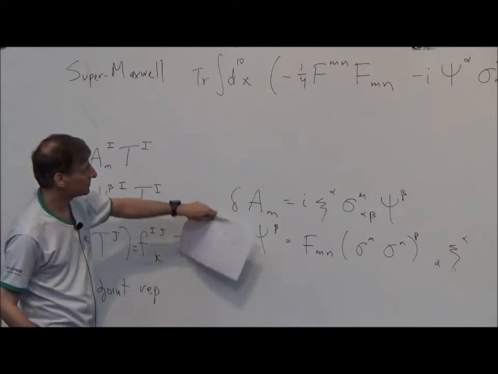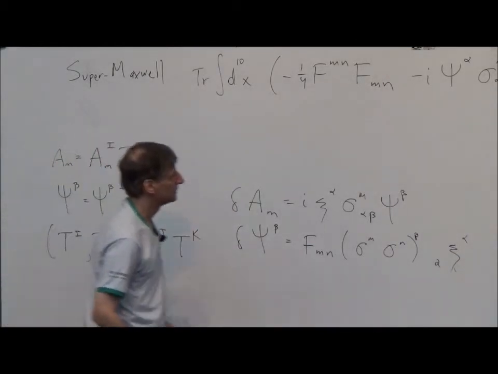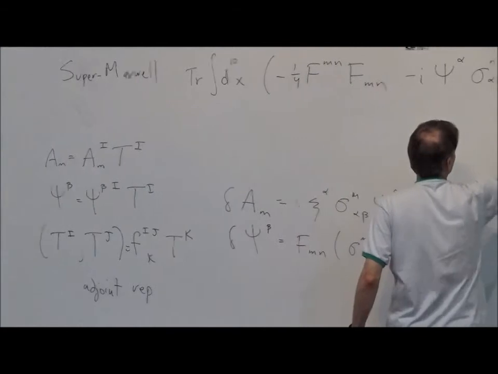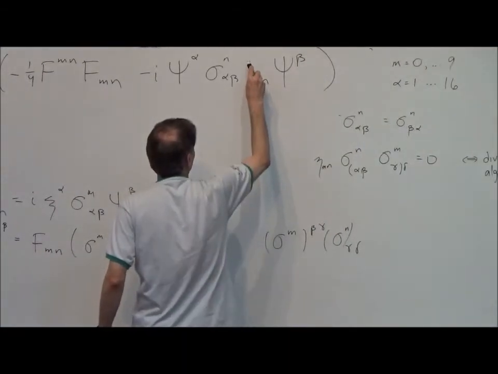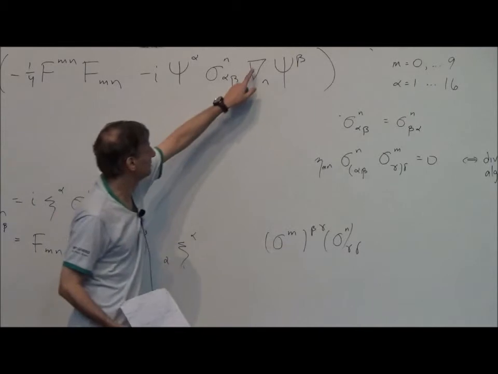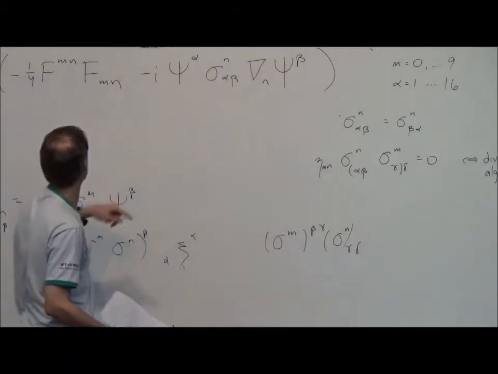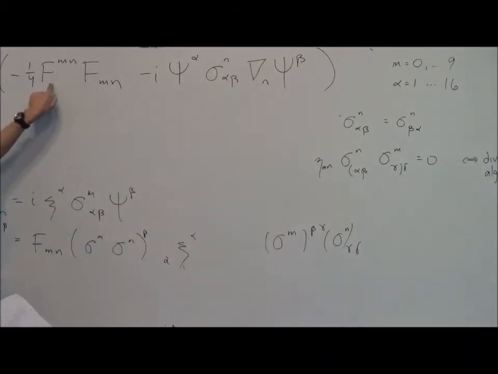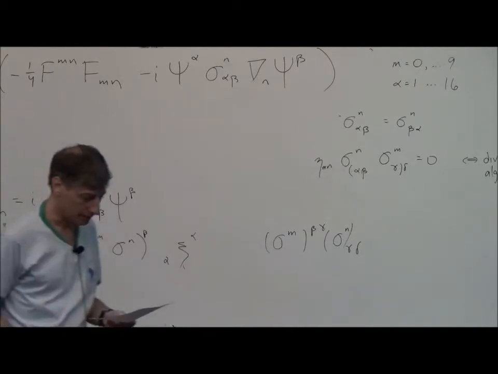But these transformations are unchanged. This derivative here, of course, now changes to the covariant derivative. So now this is an interacting Lagrangian, with cubic terms here coupling the gauge field to the psi's. And of course, there are cubic and quartic terms in F_MN, because F_MN is now the full non-abelian field strength.